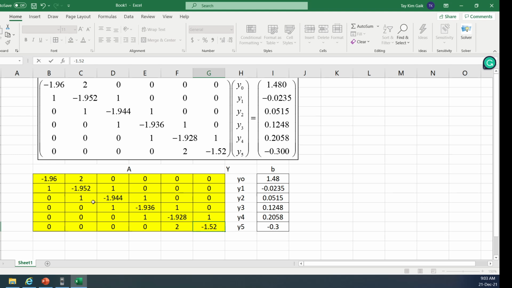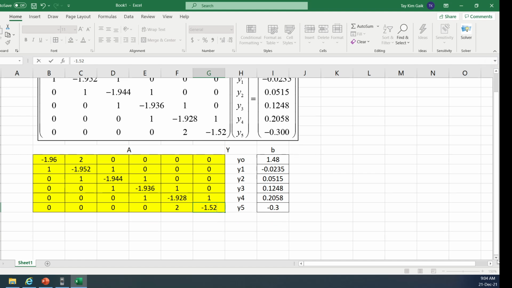The diagonal is negative 1.96, negative 1.952, negative 1.944, negative 1.936, negative 1.928, negative 1.52. Below the diagonal all are 1 except the bottom, where the last row is 2. On top of the diagonal in the first row is 2, and the rest are 1. So vector B is correct.